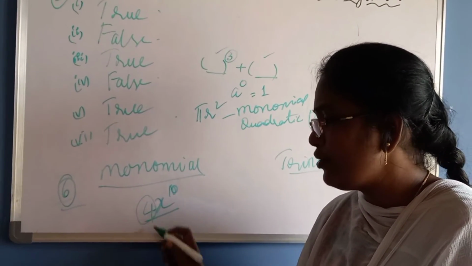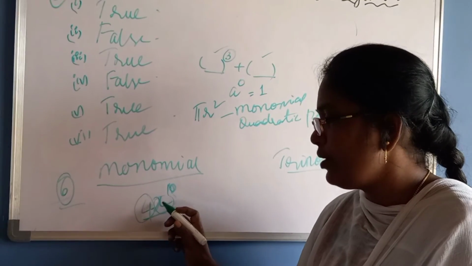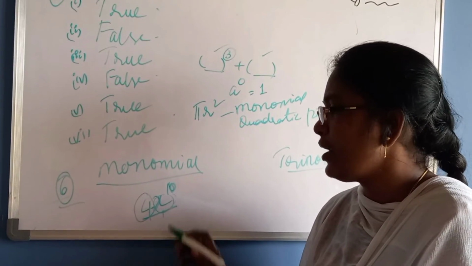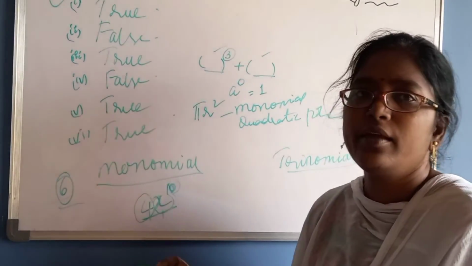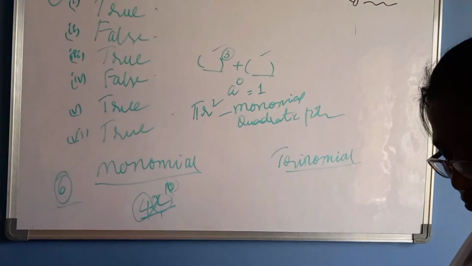Any constant value or variable we can write, but the power should be 10 for a monomial, a single term.